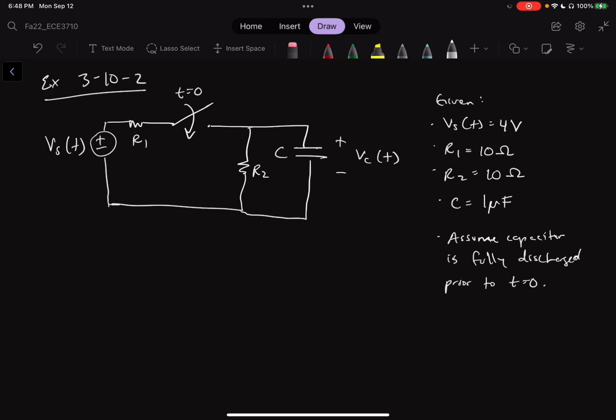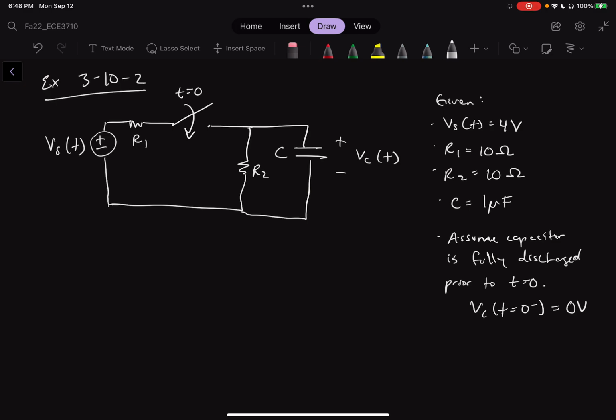What does that mean mathematically? It means Vc of t equal to 0 minus is equal to 0 volts. We were given that. That's what it means. I hope they taught you how to understand the English translation to the mathematics in your class.